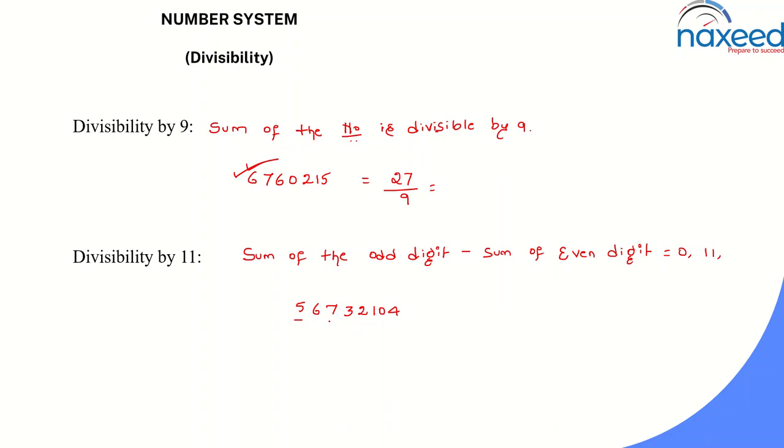Odd digit numbers are at the 1st, 3rd, 5th, 7th positions. Even digit numbers are at the 2nd, 4th, 6th, 8th positions. Take the sum of this one. 5 plus 7, 12, 12 plus 2, 14, 14 plus 0, it is 14 only, minus the even digit positions: 6 plus 3, 9, 9 plus 1, 10, 10 plus 4, 14. 14 minus 14 is equal to 0. This is exactly divisible by 11. So I told you, if the sum of the odd digits minus the sum of the even digits is 0 or 11 or a multiple of 11, that number is divisible by 11. So I can say that this whole number is divisible by 11.